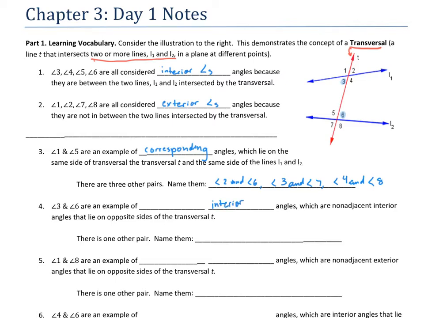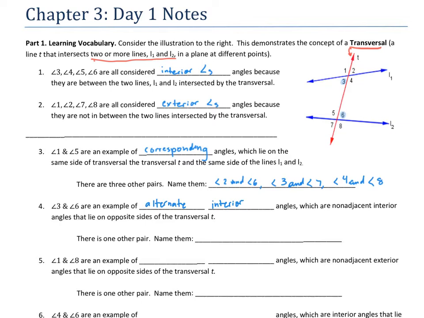But notice how angle 3 and angle 6 are on opposite sides of the transversal. 3 is on the left side, 6 is on the right side. So they're on alternate sides of the transversal. These angles are called alternate interior angles.